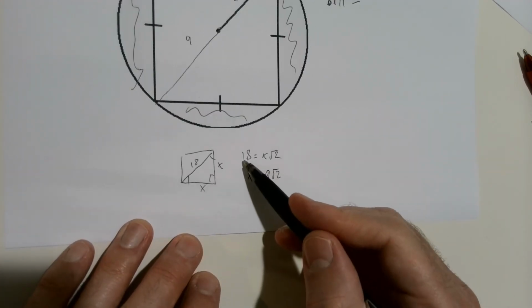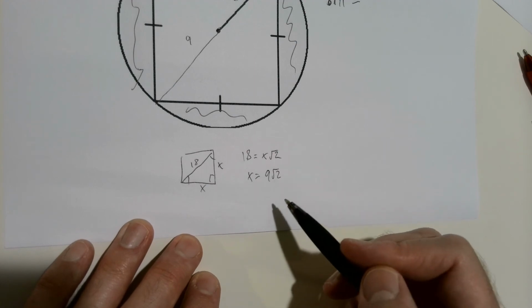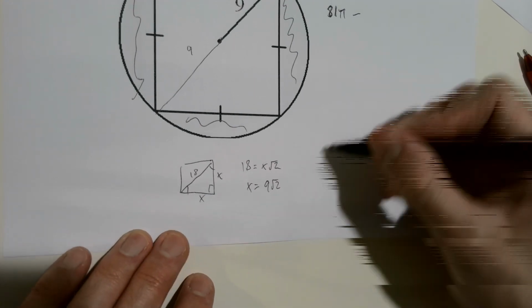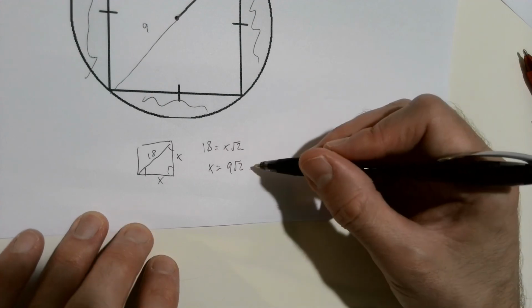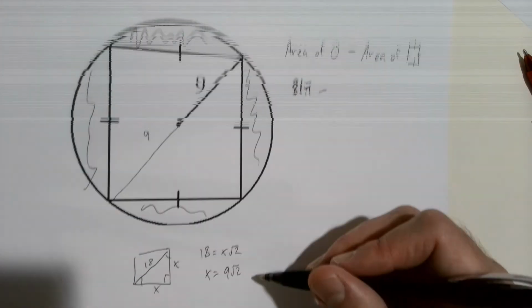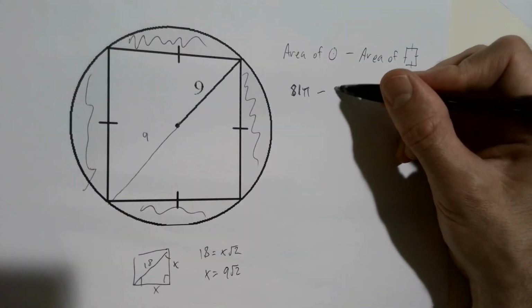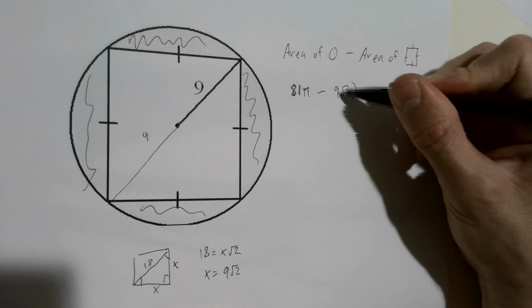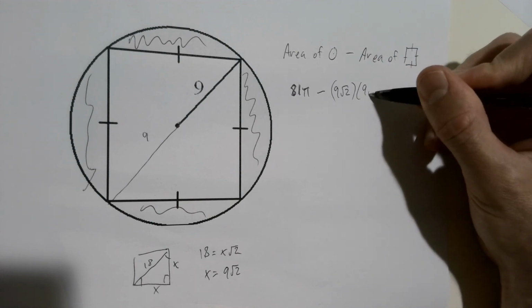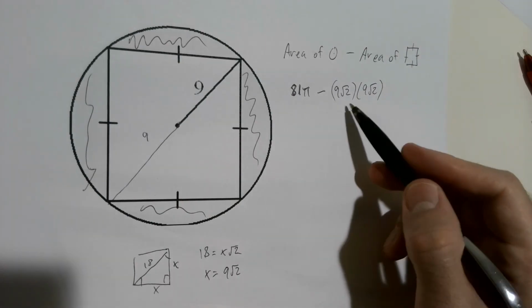So you divide by 2 and then multiply by root 2 when you rationalize that denominator. And so that's going to tell us each side is 9 root 2. Well, a square, you're going to do any side times itself, or 9 root 2 squared.